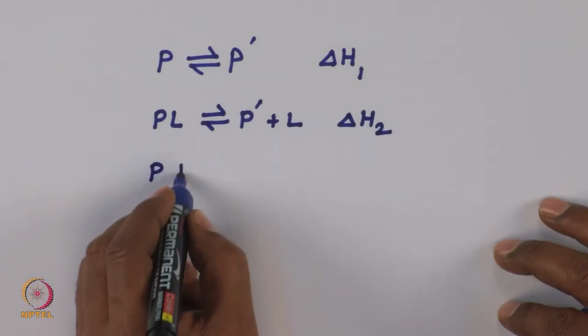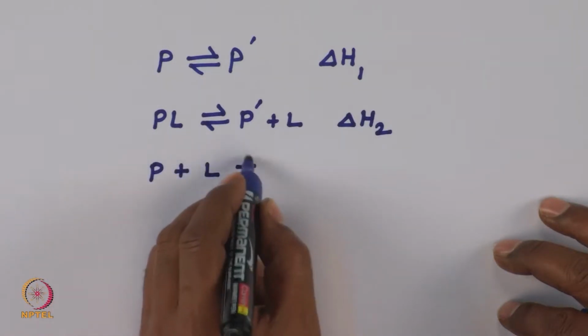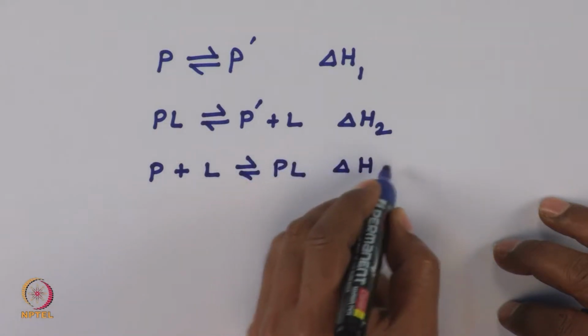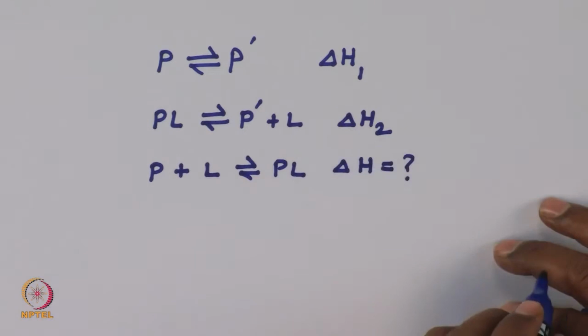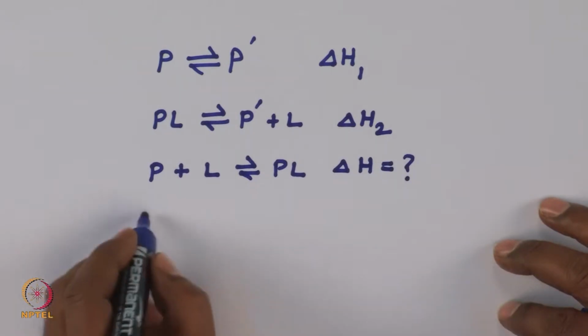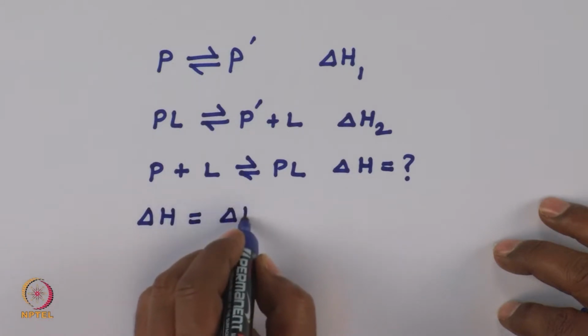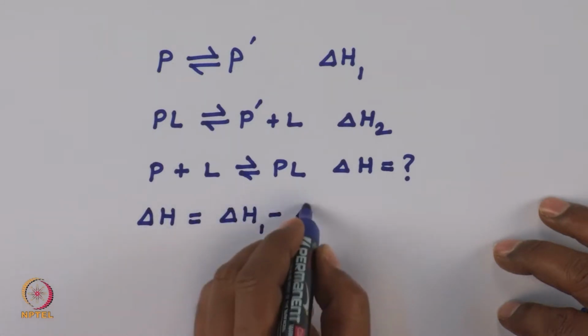And if I am interested in the enthalpy of this reaction, then this is simply delta H is equal to delta H1 minus delta H2.